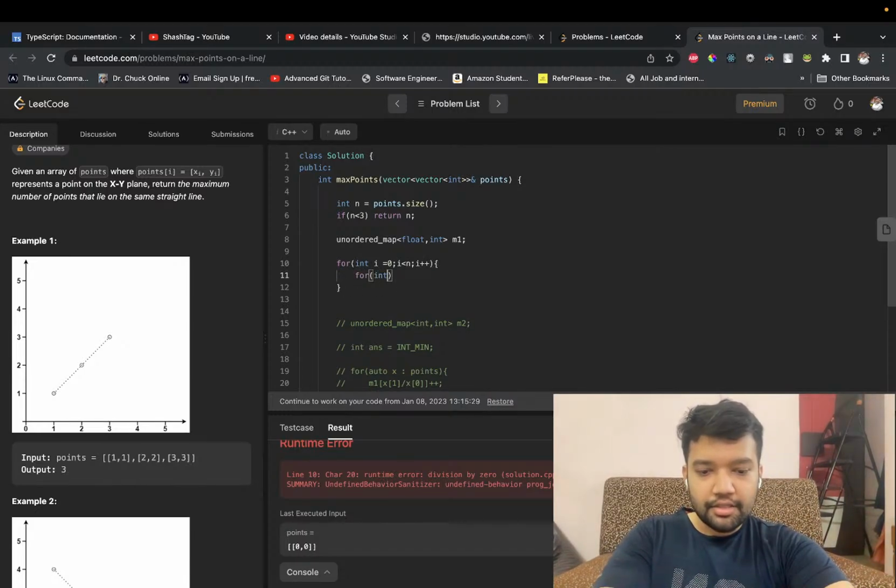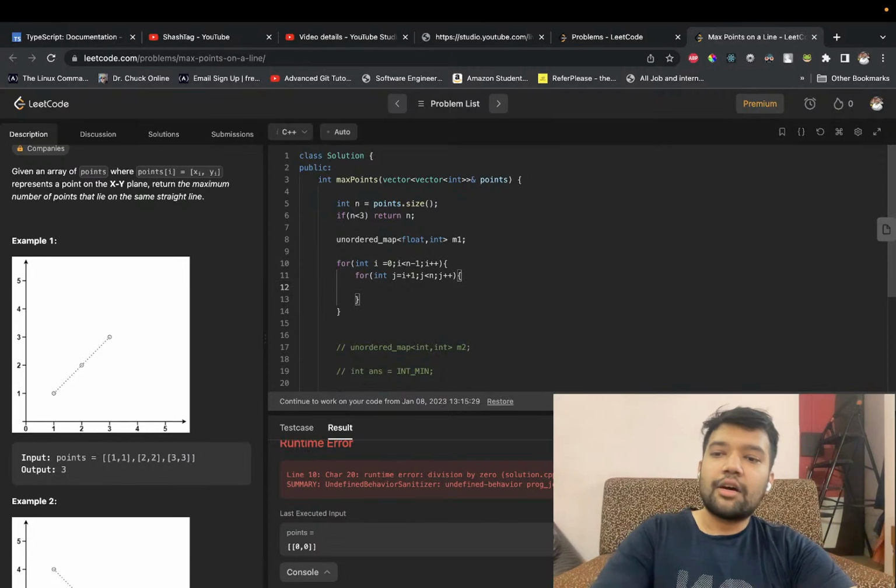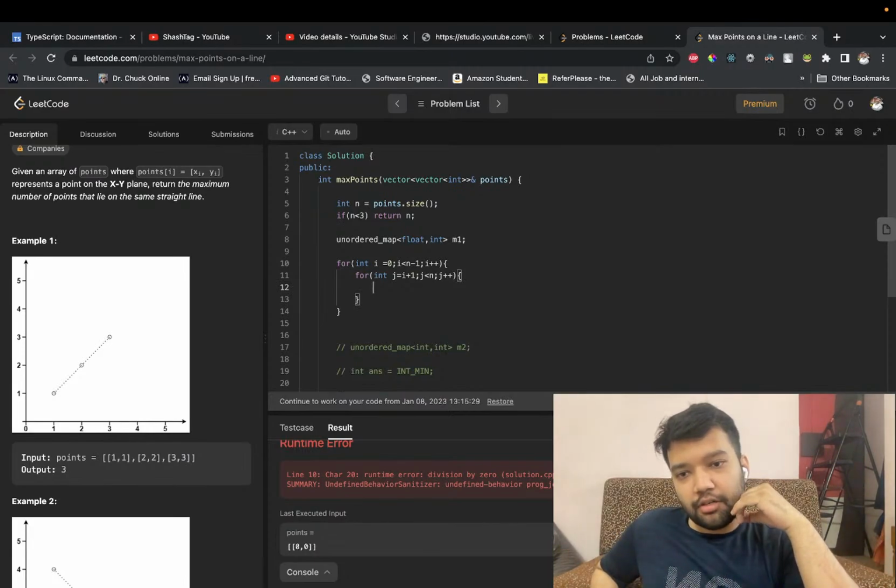For int j equals i plus 1, j smaller than n, j plus plus. So yes, and now I guess we'll find the slope between these 2 points, and we'll add that to another map, and we'll find the max.